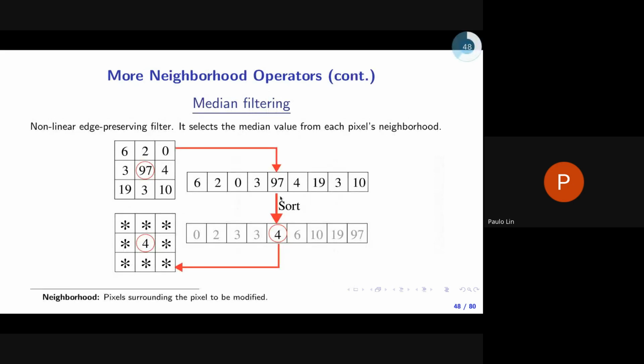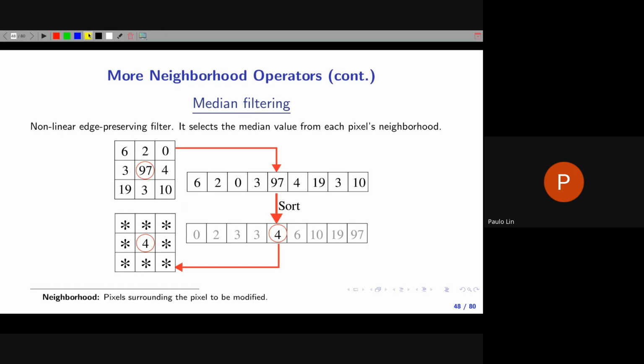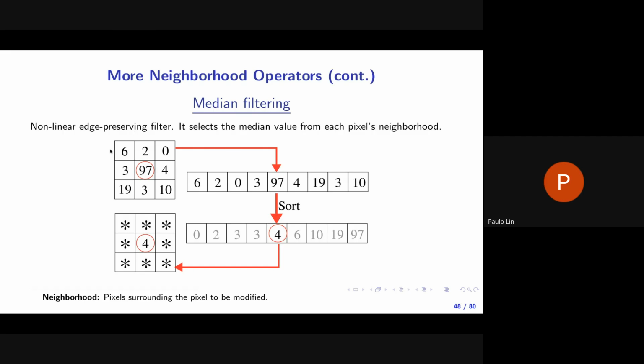So instead of combining all the pixels within the neighborhood, we can simply take the median value. To do so, we can take the entries of a neighborhood, like this one. This is the neighborhood.